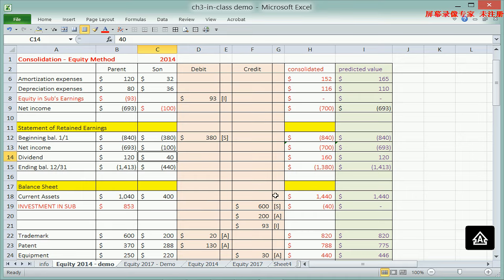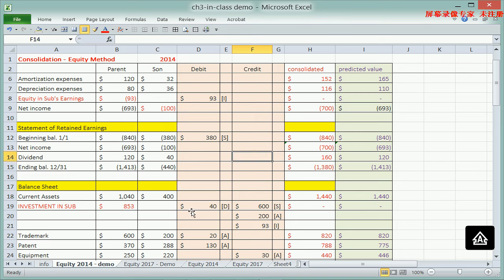D, by looking at the statement, we can see that the dividend paid by the subsidiary was 40,000. We know that we need to credit our investment account for this 40 because it reduces our investment when the dividend was announced. So when we are eliminating our investment, we reverse what we did before.